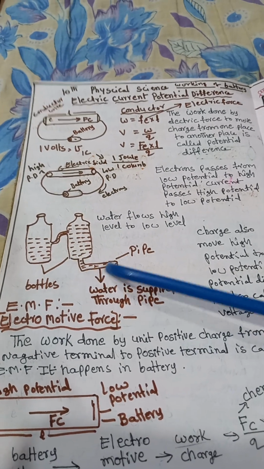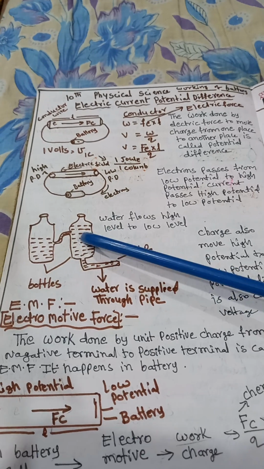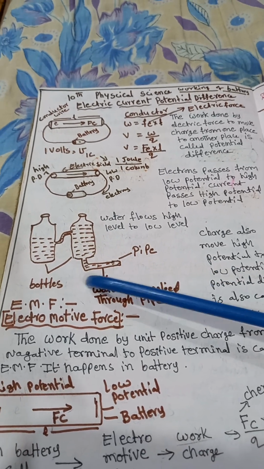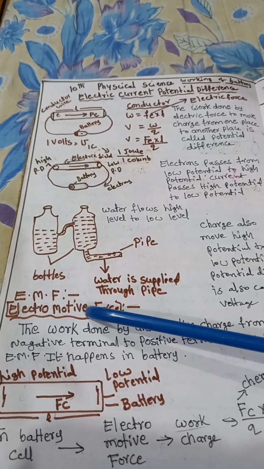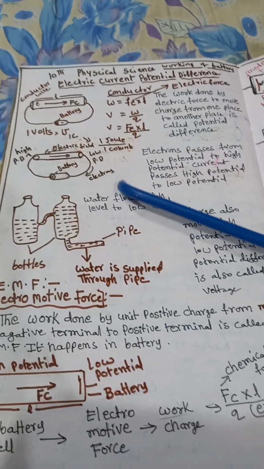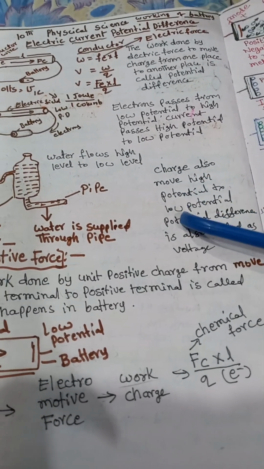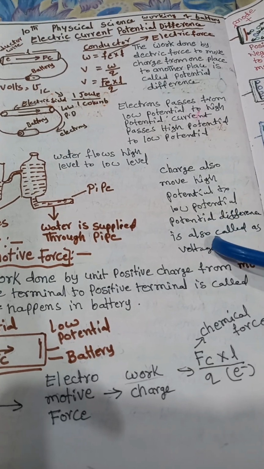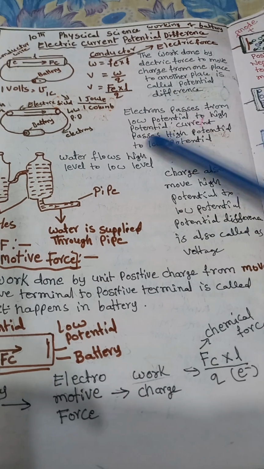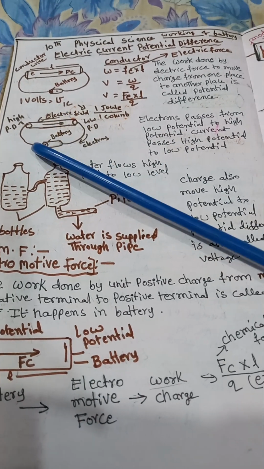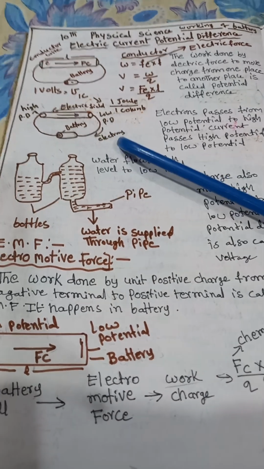When the water is supplied through this pipe into the first bottle, this supplying of water is an example for the electromotive force. The charge also moves from high potential to low potential, and potential difference is also called voltage. So the charge also moves from high potential to low potential.